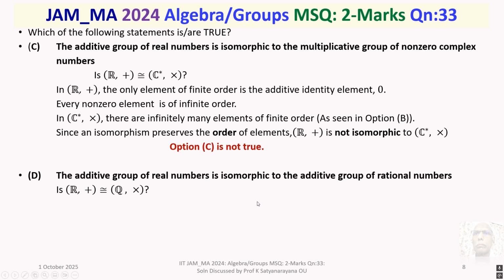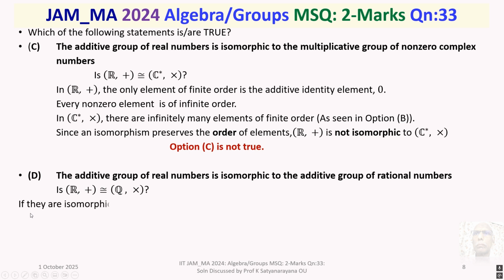When it is bijective, the cardinality of R must be equal to the cardinality of Q. The cardinality of R is c, uncountable, and the cardinality of Q is aleph naught, which is different. c is greater than aleph naught, which is countably infinite.